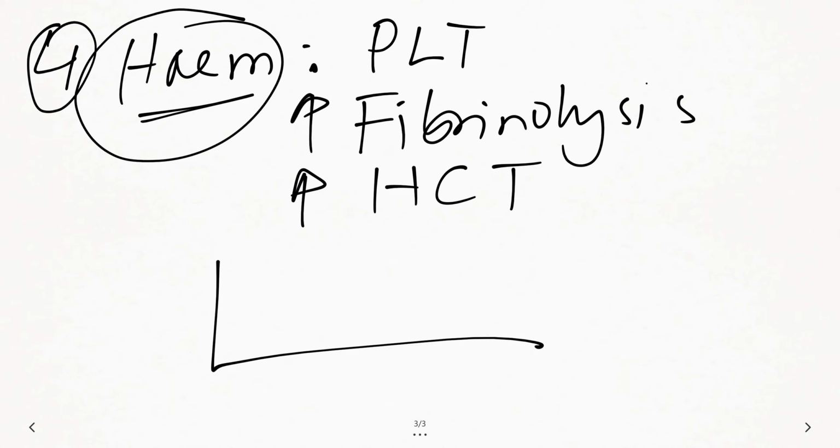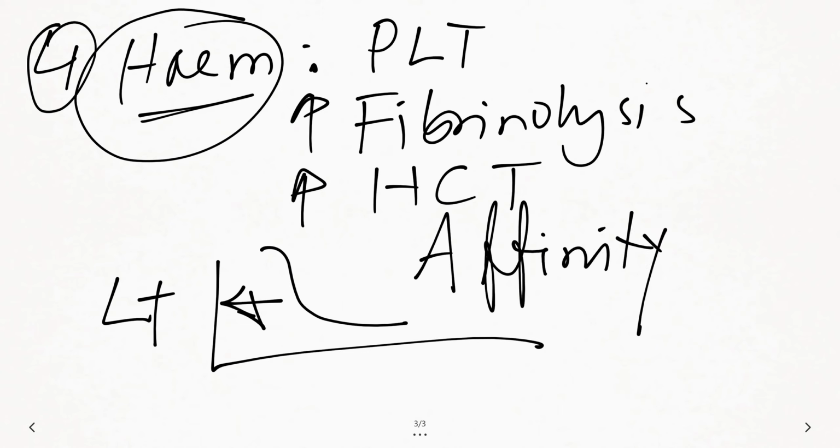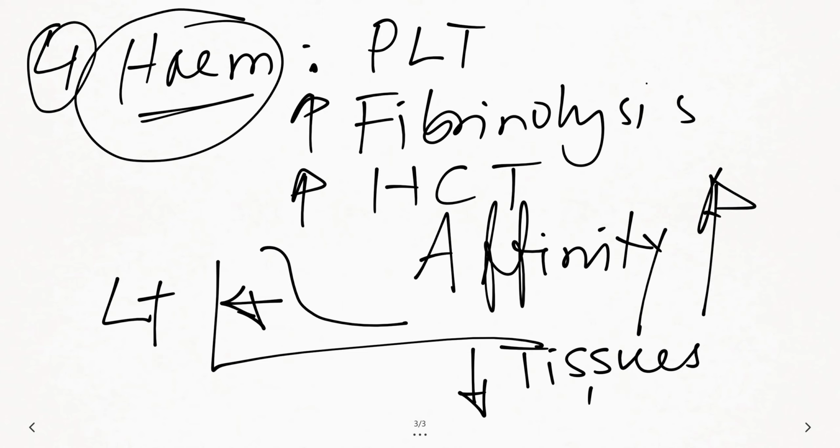There will be a shift of the oxygen dissociation curve to the left. What does that mean? It means that the affinity of the hemoglobin to oxygen will increase, okay? And when it increases, the RBCs will keep the oxygen, so the tissues will be low in oxygen.